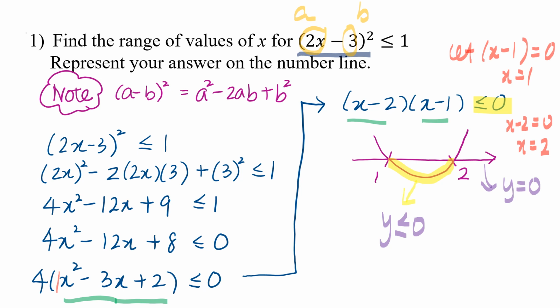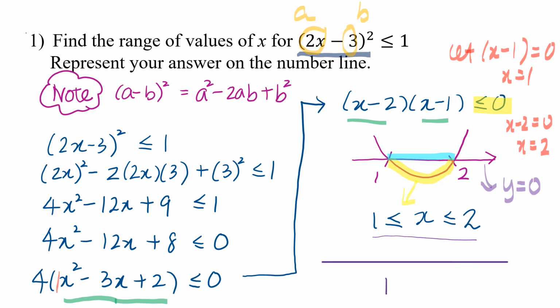So the corresponding values of x will come from the x-axis, which is the one I highlighted in blue. Okay, so the answer will come from the blue zone, which is between 1 and 2 inclusive. This is our answer, but we need to represent it on the number line, so it's pretty easy.